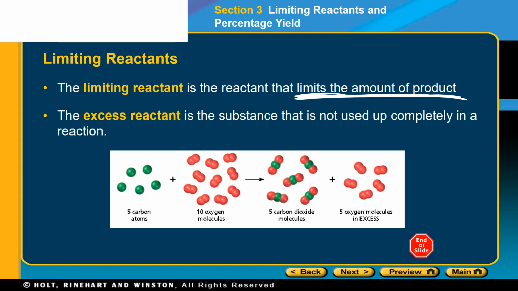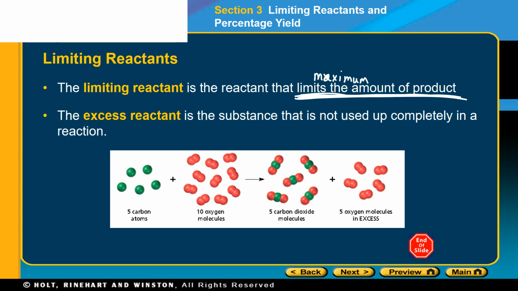All right. Anyway, limiting reactant limits the amount. So another way to say this, limiting reactant is going to tell us the maximum amount of product that we can have. Now, understand in this situation, the maximum amount of product is going to be a smaller number than what the other one produces.